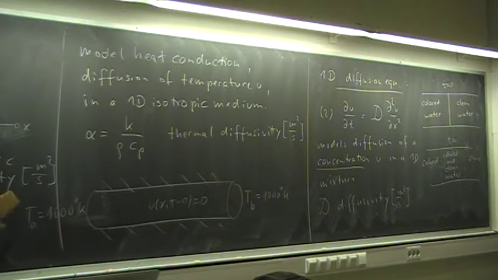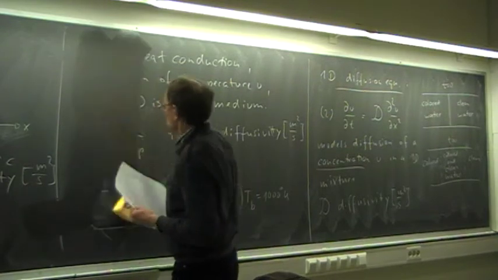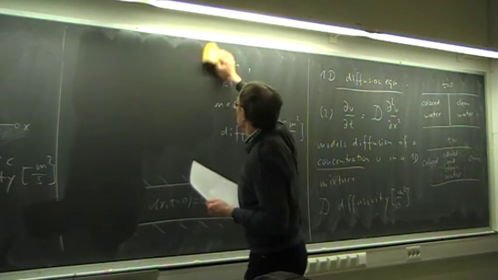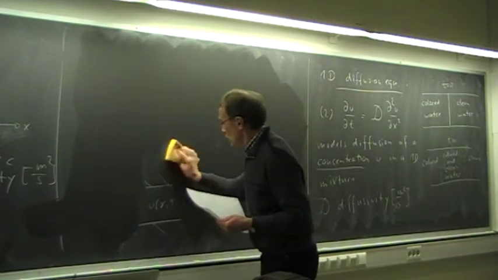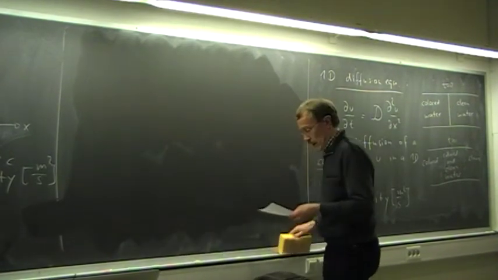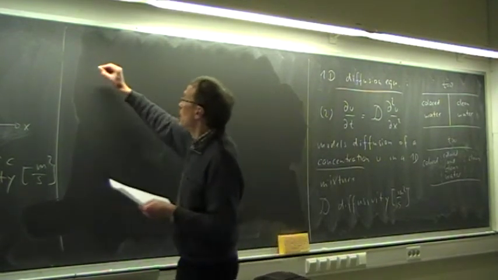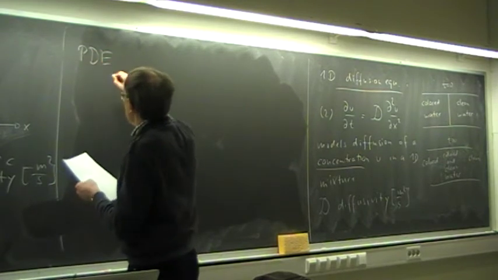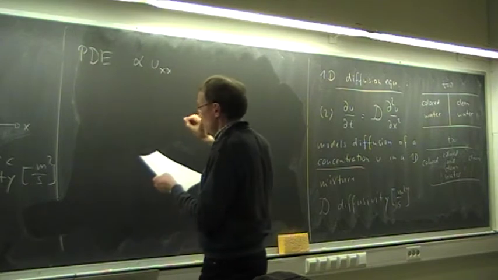So that was a little physical characterization. What is the background of the heat equation and the diffusion equation? Now regarding the mathematical characterization, our PDE can be put in the form alpha uxx.